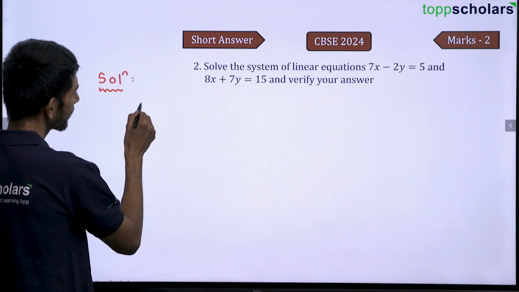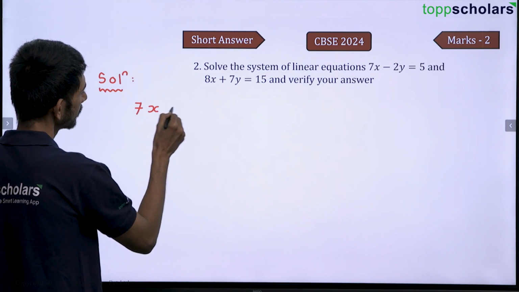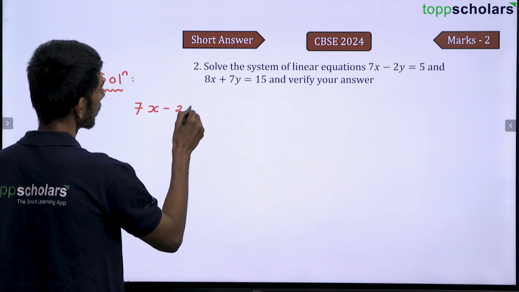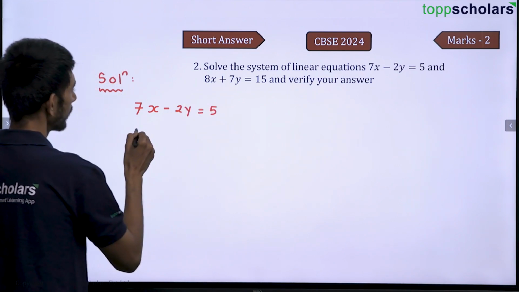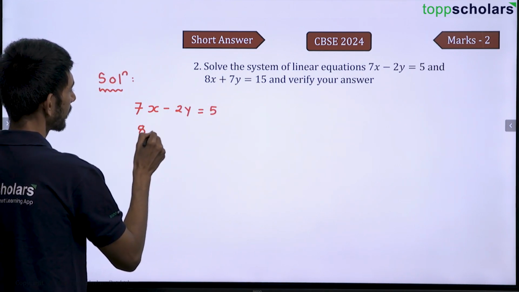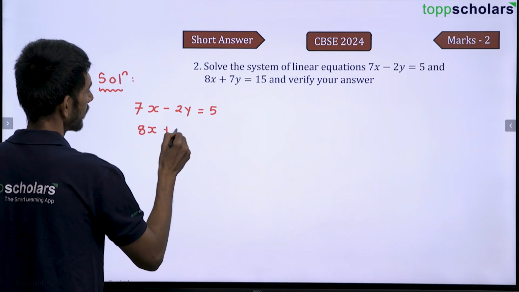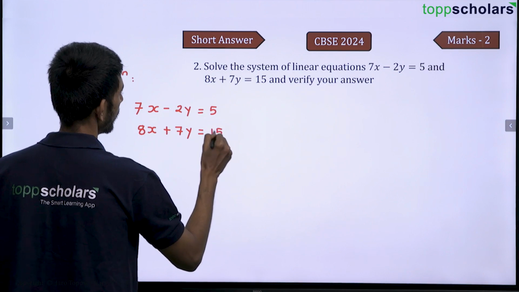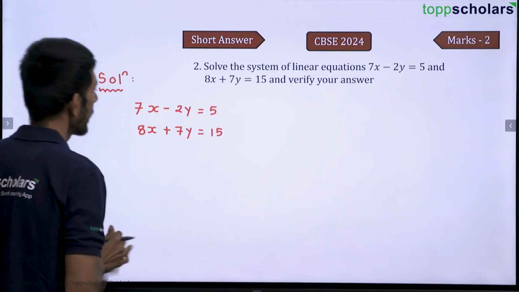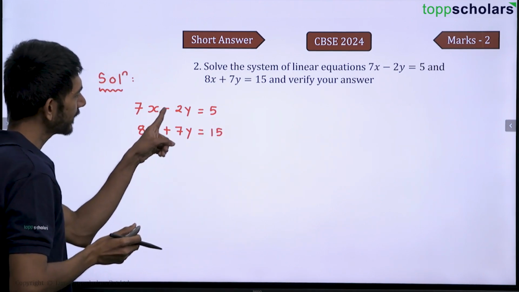So we have 7x minus 2y is equal to 5. And then you have 8x plus 7y is equal to 15. Now see, this is minus, this is plus.